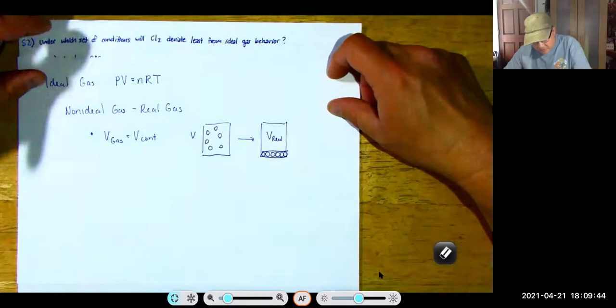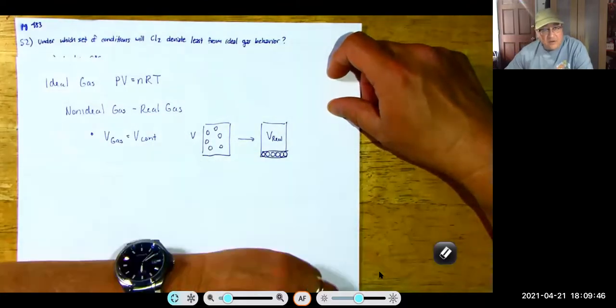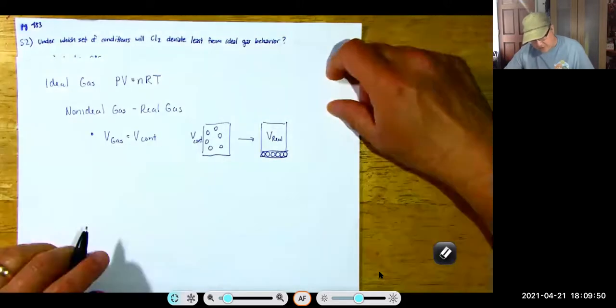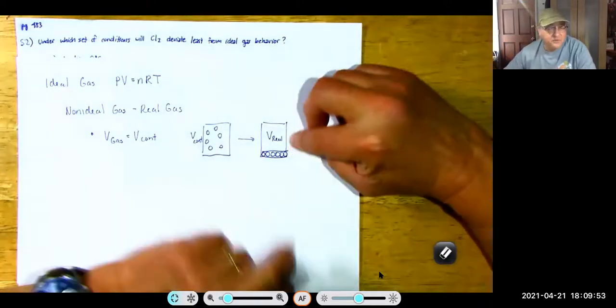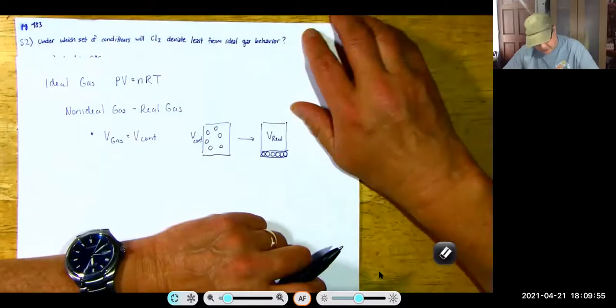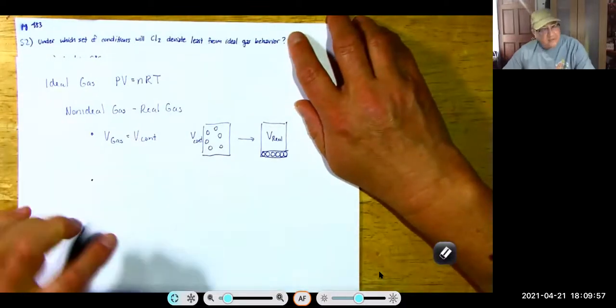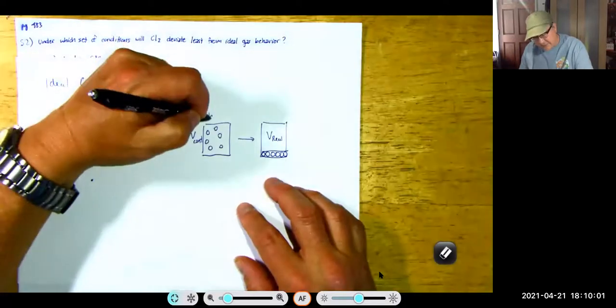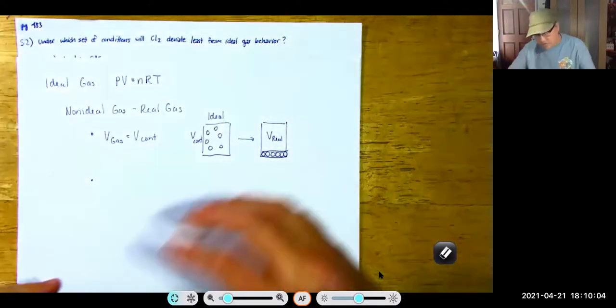You can see that the real volume is smaller than the volume of the container. Okay, so that's one correction. Real gases don't have as much volume to move around in as ideal gases. So remember, this is ideal. Ideally, they have the full volume to move around in.